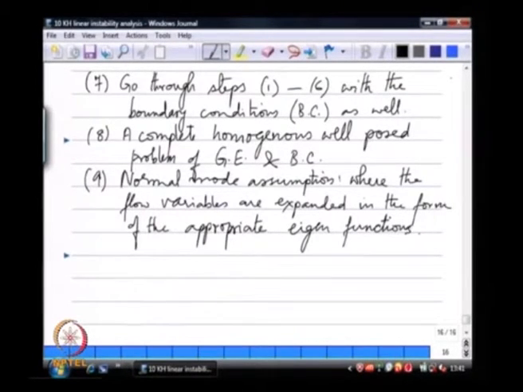Okay, appropriate eigenfunctions. In this case, they were sines and cosines. So, e power i k x. That was the spatial form of the eigenfunction. Okay. And then exponential in time.